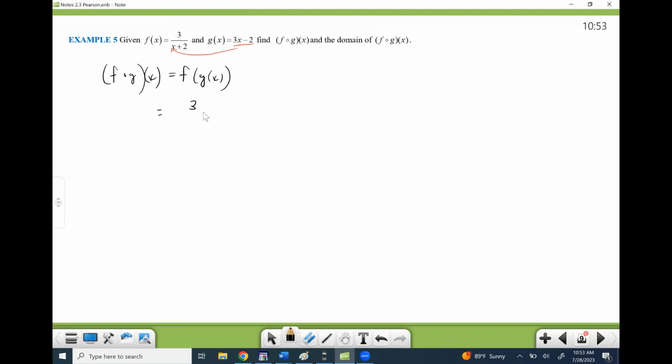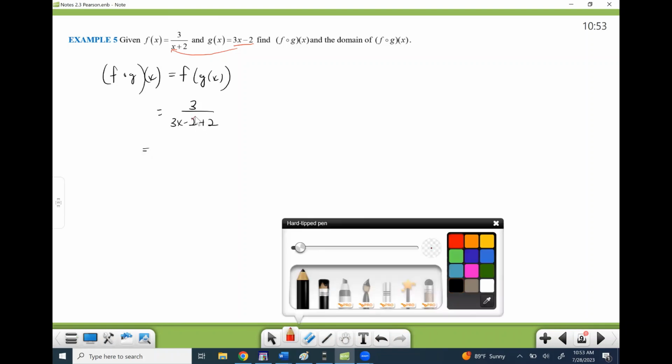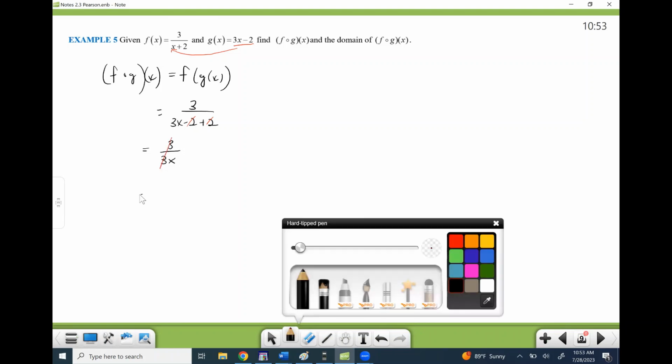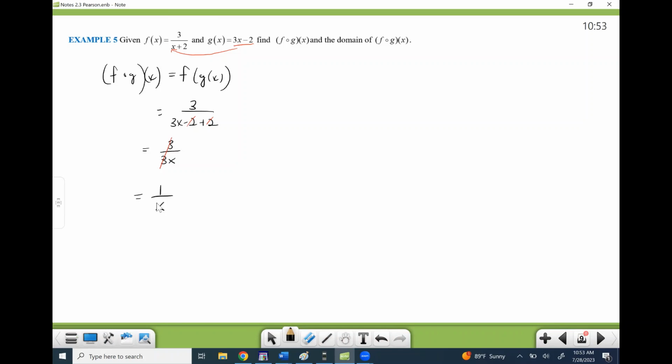So this is going to be 3 over 3x minus 2 plus 2. And the minus 2 plus 2, those will cancel with each other. So we get 3 over 3x. And so these will cancel with each other. Just make sure you remember that x is in the denominator. So there's a 1 in the top, because 3 divided by 3 will get you 1, and then the x will be in the bottom. So that is the composition.